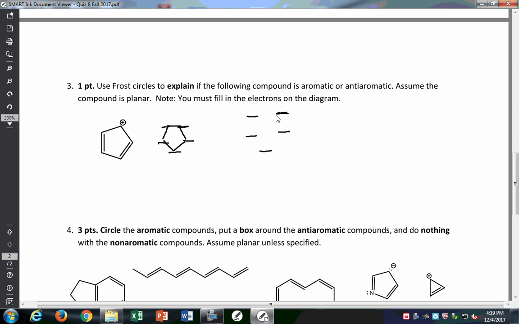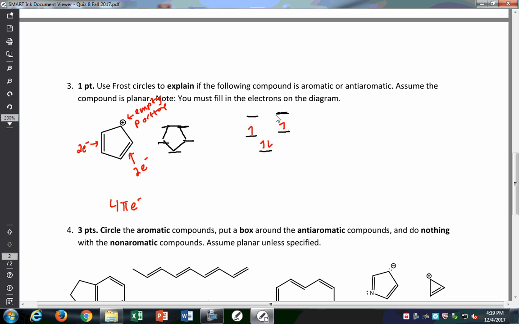So this is our orbital diagram, but we have to fill in our pi electrons. How many pi electrons do we have? We have 4. We have 2 electrons here, 2 electrons there, and this is an empty p orbital. So we have 4 pi electrons, but they are in cyclic conjugation. So we pair before we go to the next energy level, but then we don't pair until all degenerate orbitals have 1 electron in it.